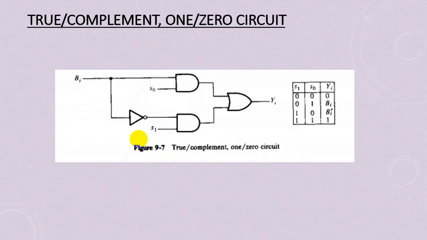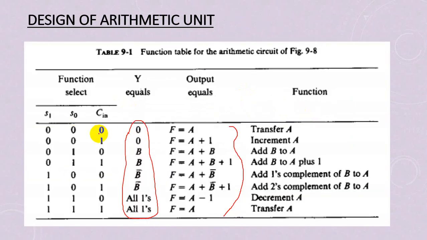This is the truth table of this modification. Since carry in just changes in both cases, we can neglect the carry in during our circuit design, because it came as 0 and 1. So we need to consider mainly the S0 and S1 combination.